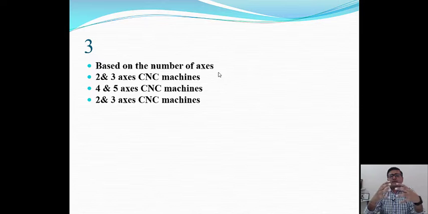There are many special purpose machines which can be categorized in a third subcategory, having 6 axes onwards. So let's check out how this 2 axis is justifiable, how this 3 axis is justifiable, or how one CNC machine can be defined as a 2 axis machine, 3 axis machine, 4 axis machine, and 5 axis machine.